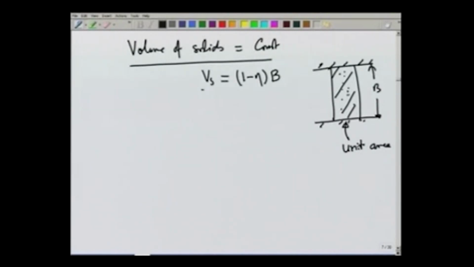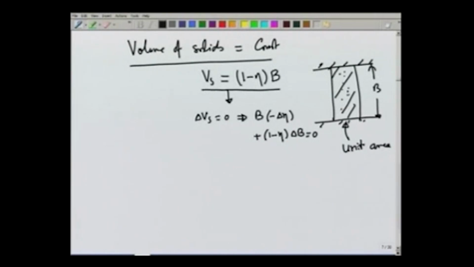Therefore, total volume of solids Vs will be equal to 1 minus eta B, and if this is a constant, then we can use the same formulation as we used before, that delta Vs will be equal to 0, and this would imply that B times minus delta eta plus (1 minus eta) delta B is equal to 0.